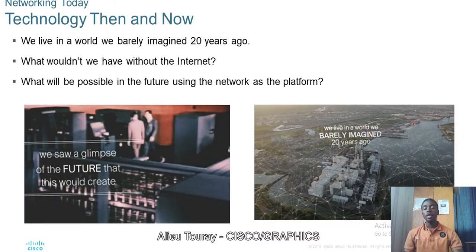We live in a world where we can barely imagine what we would be without the internet 20 years ago. With the internet, what do we expect in the future as our network platforms? Before, we already knew what was happening 20 years ago, and 50 years ago with the network or the internet, and today. Now let's look at the future.